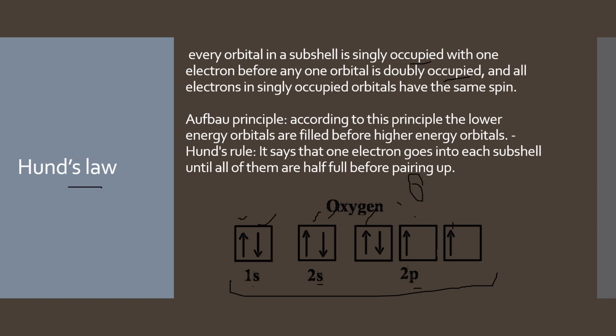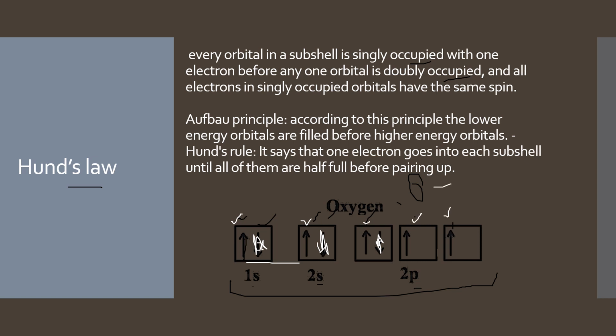Now for the configuration according to Hund's rule, we first fill the electrons in the subshell in a clockwise form, in a proper order: 1, 2, 3, 4, 5.